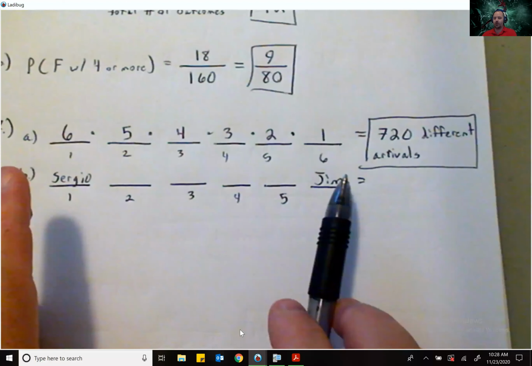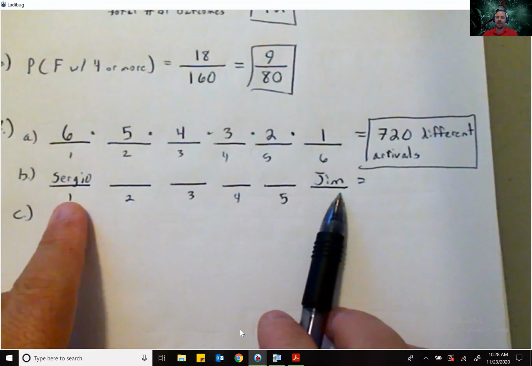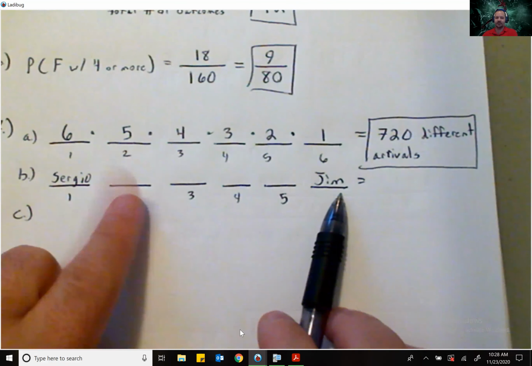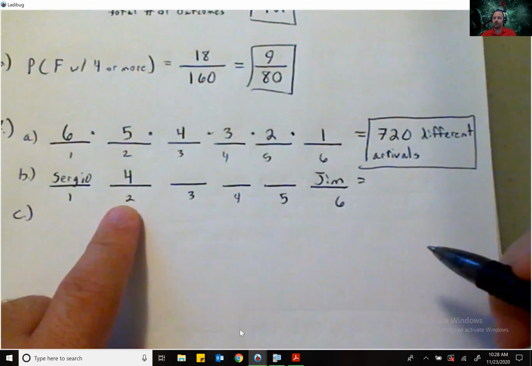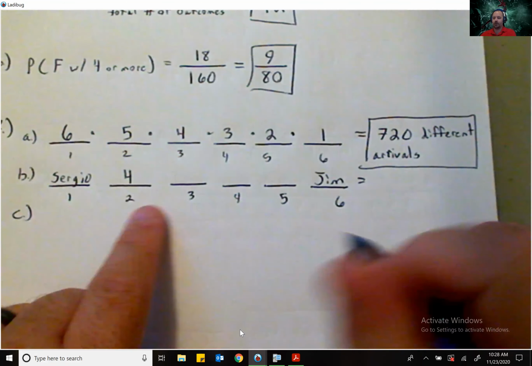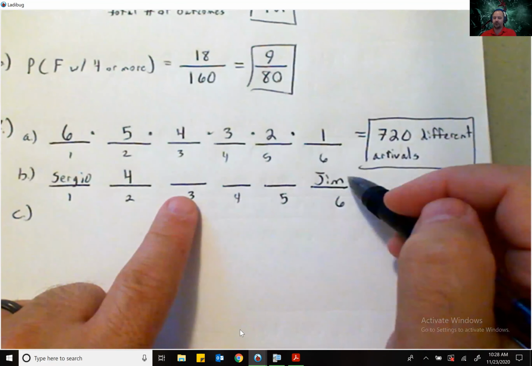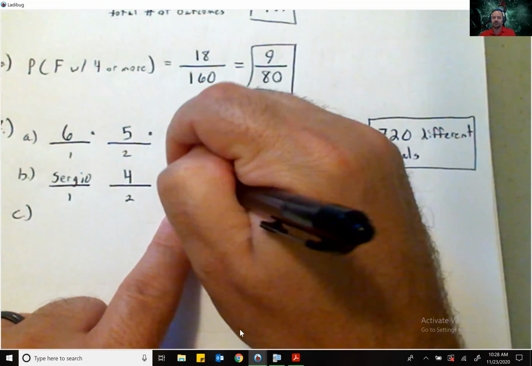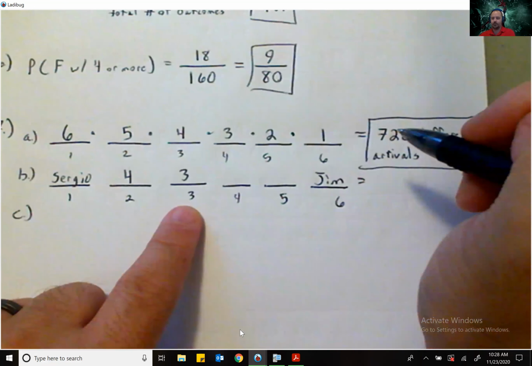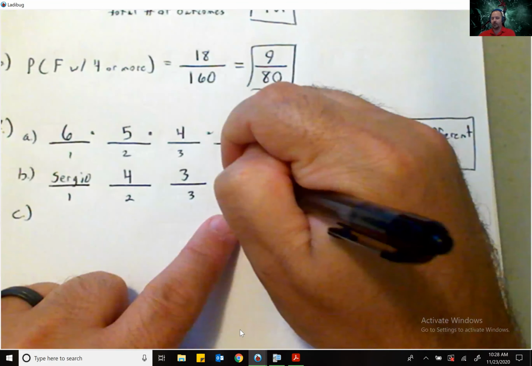Well, with these two already accounted for, that means I only have 4 guests left. So how many ways can the second person arrive? 4. And then because these two have already arrived and Jim is already accounted for, there's only 3 people left now. So there are 3 ways for the third person to come. And then 2, and then 1.